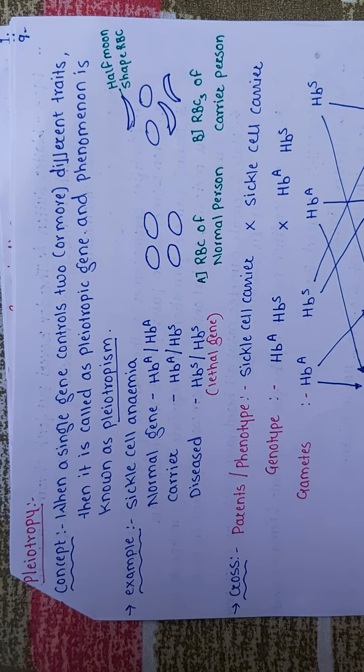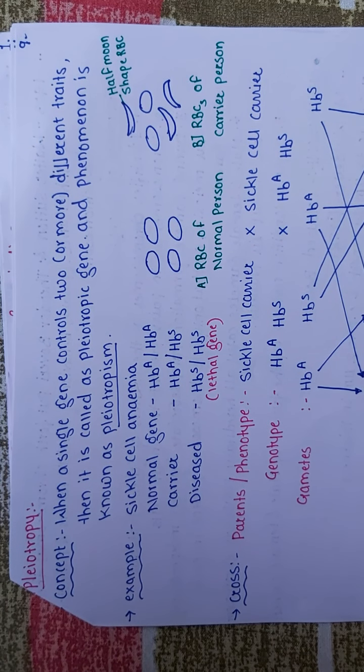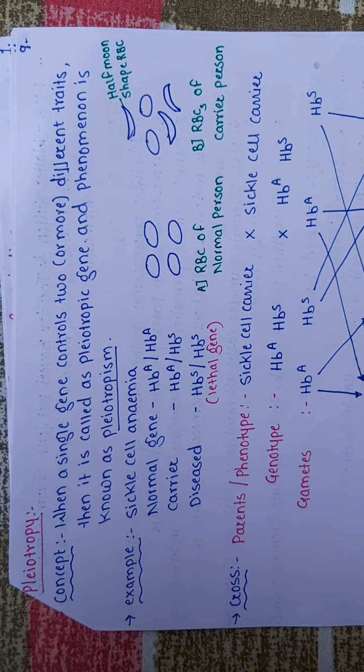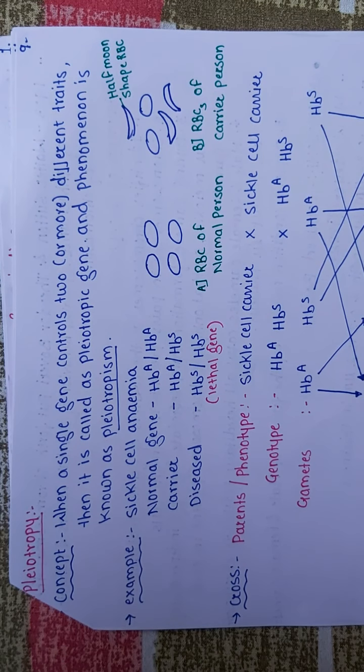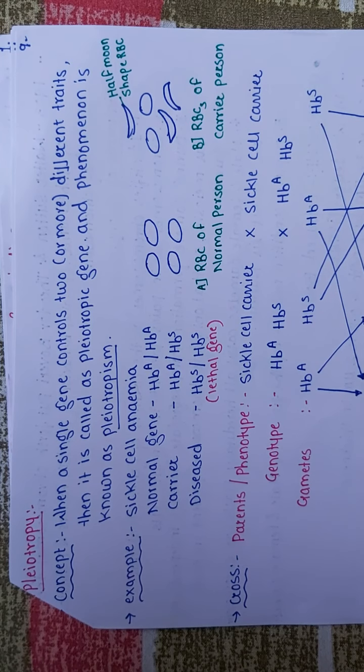The ratio we get through this is 2:1 instead of 3:1. The example given is sickle cell anemia.